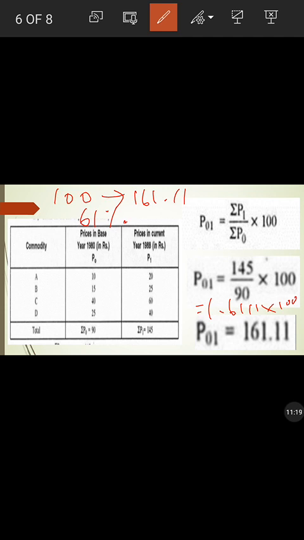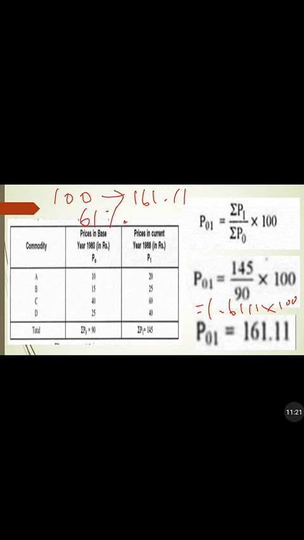So this is how we should calculate the simple aggregate method. From this method, it's very easy to calculate the changes in prices over the years. Comparing 1980 with 1988, the rise in prices is 61 percent.